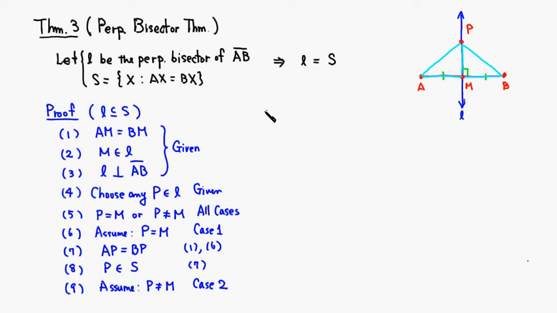One thing we can say is, line number 10. Since it's perpendicular, we know that angle AMP is congruent to angle BMP, since they're both right angles, so it comes from line number 3.